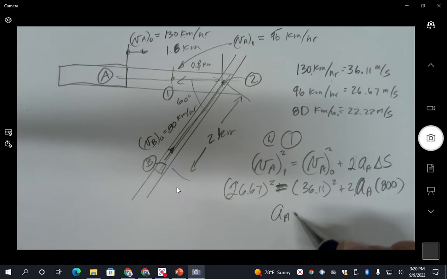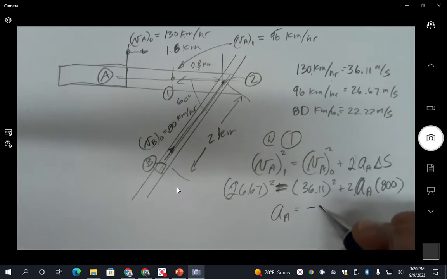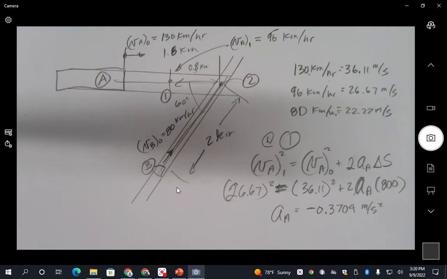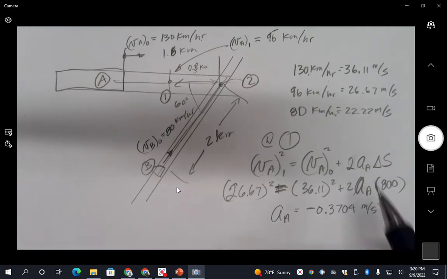So that acceleration should be a negative 0.3704 meters per second squared. Pretty much our mindset was, let's just do that because it's something we didn't know, but we could read into the problem and infer that it's going to be useful to us.